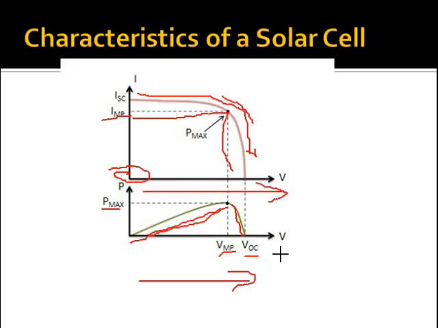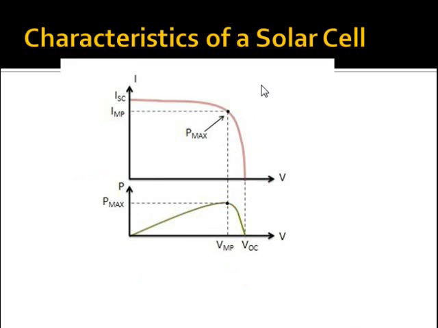When the voltage reaches VOC, the current also comes down and becomes 0. That means open circuit. When the circuit is open, the current is also 0 at that voltage. So this is about the characteristics of a solar cell.